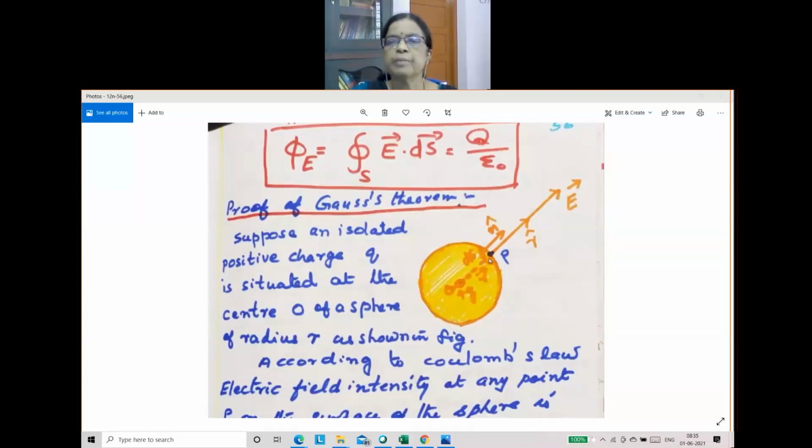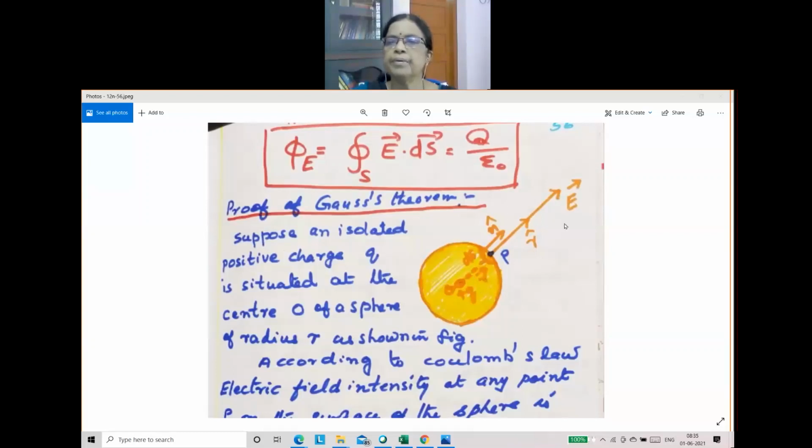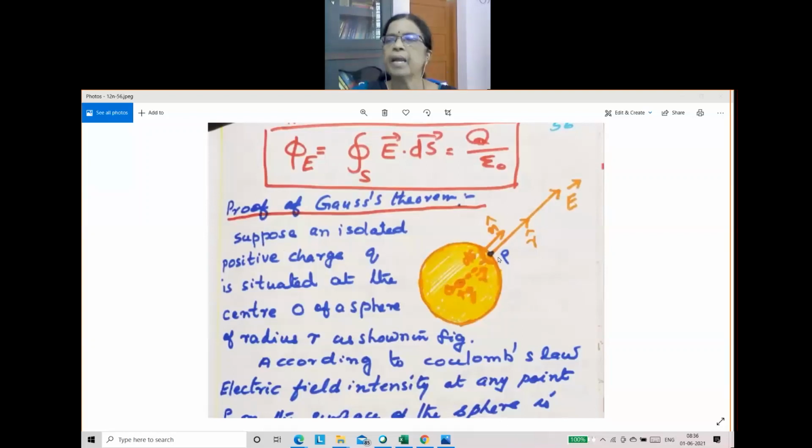It is written in the figure. What is the electric field intensity at this point P?